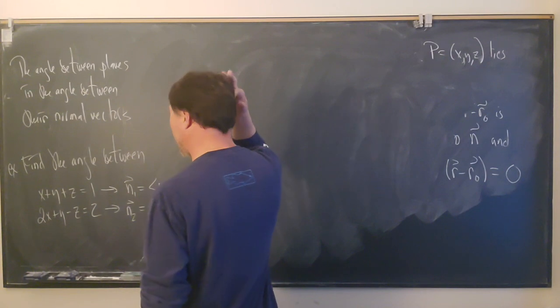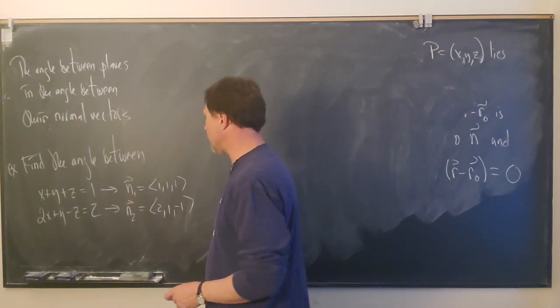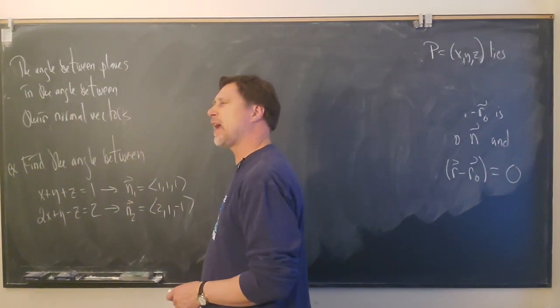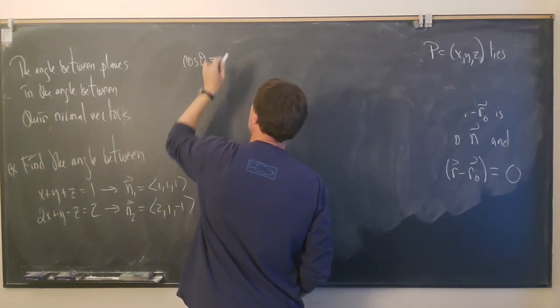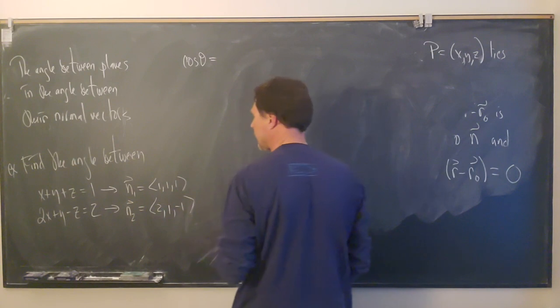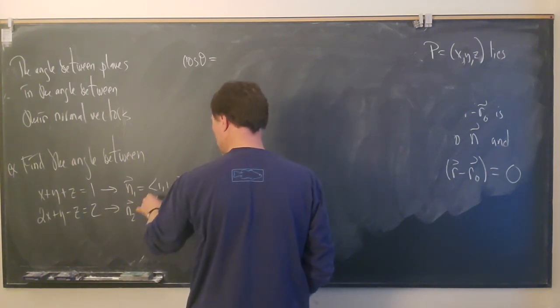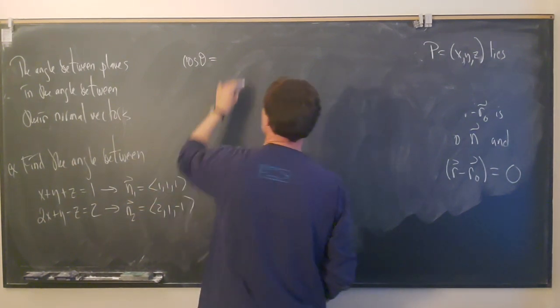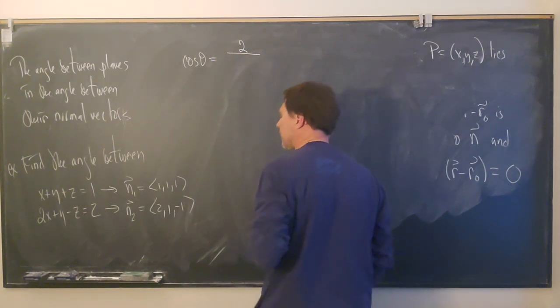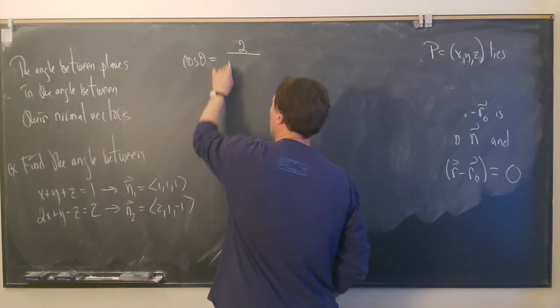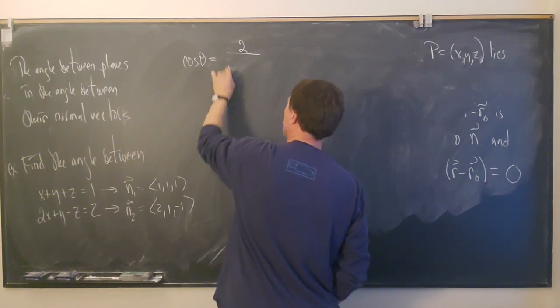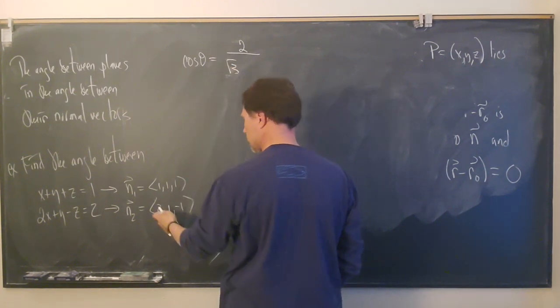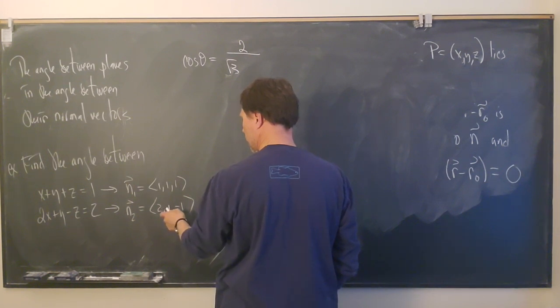Okay, so now we need the angle between n1 and n2. Let's see, how do we find the angle? Well, the cosine of theta is equal to n1 dot n2, so that's going to be 2 plus 1 is 3, minus 1, so that gives us a 2, divided by the lengths. The length of n1 is root 3, and the length of this one is root 6.